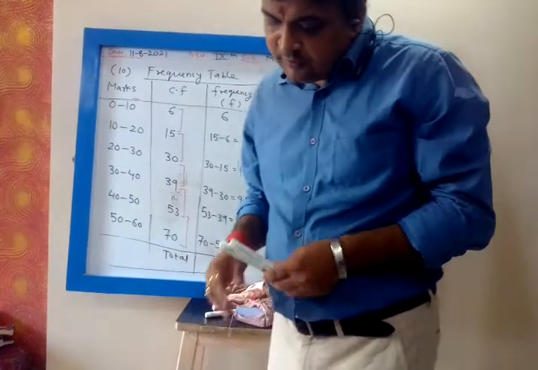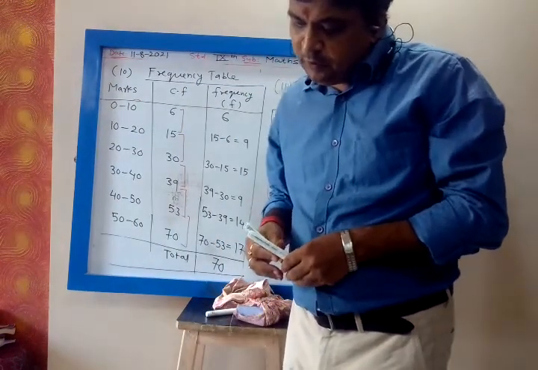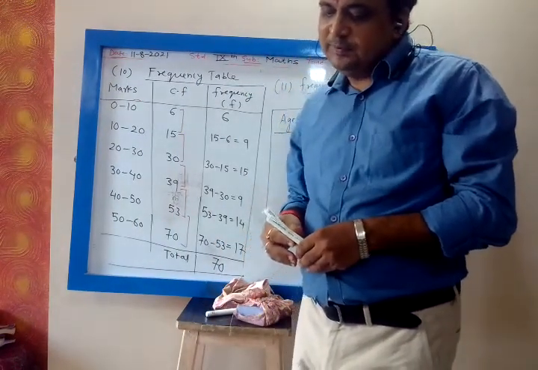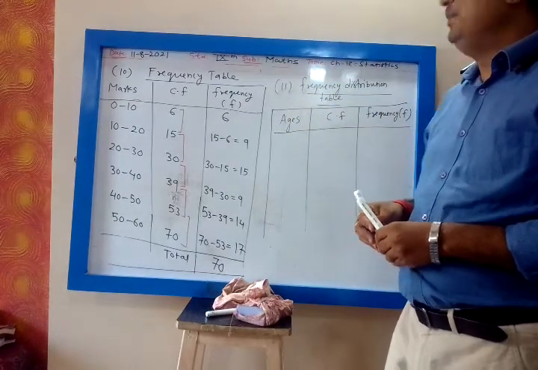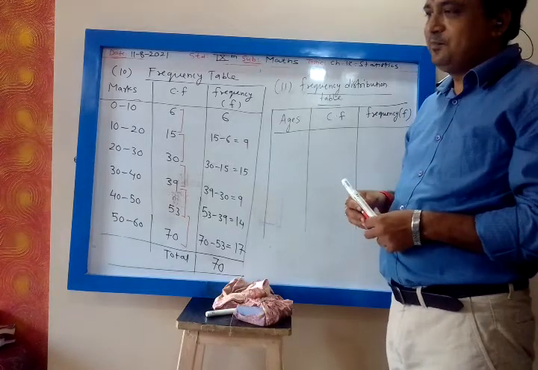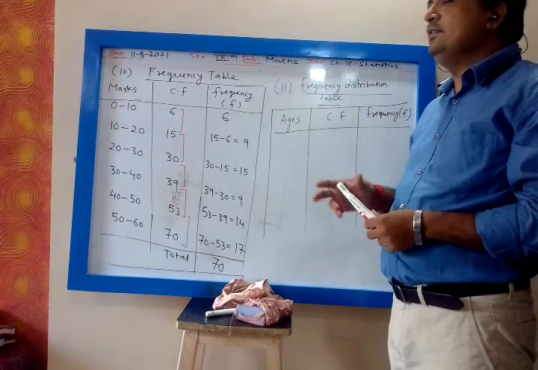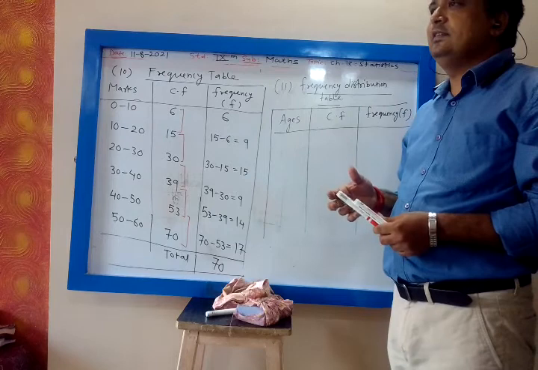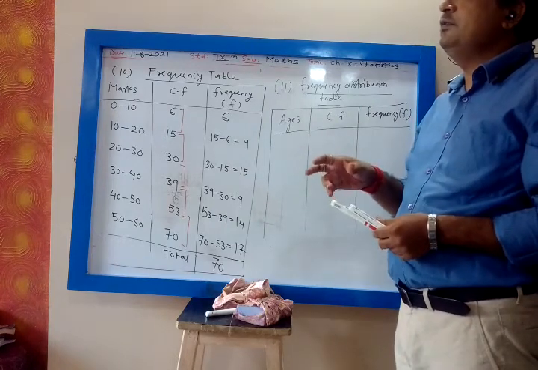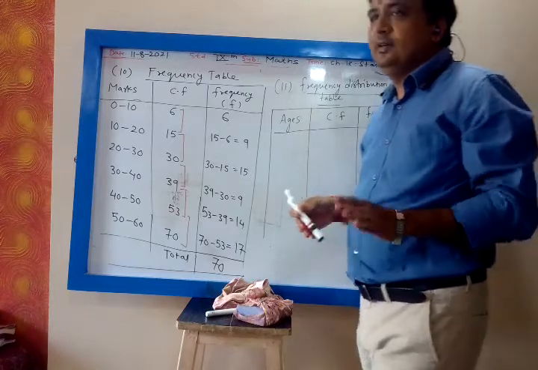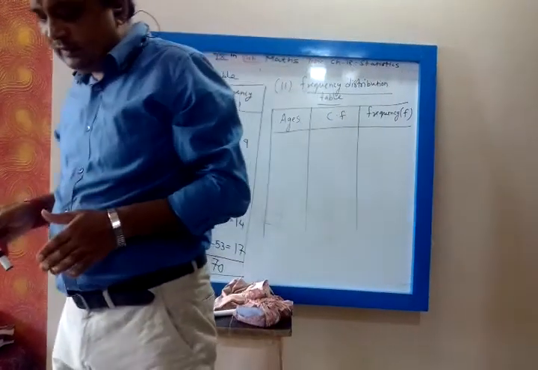Now what is given? Below 4, 0. Below 4, it is given that 0 students are there. So your class interval will start from 4 onwards.